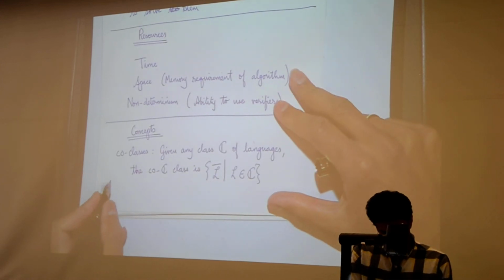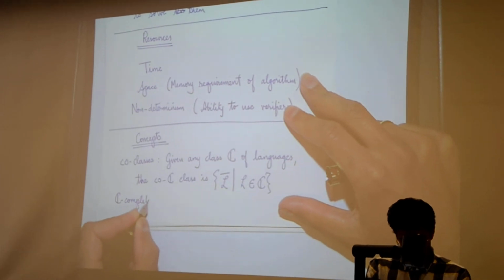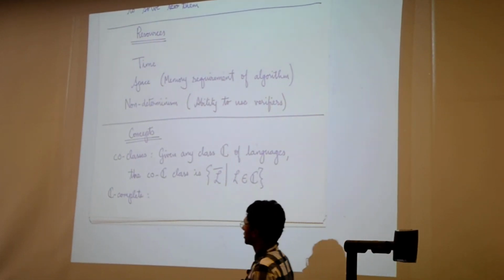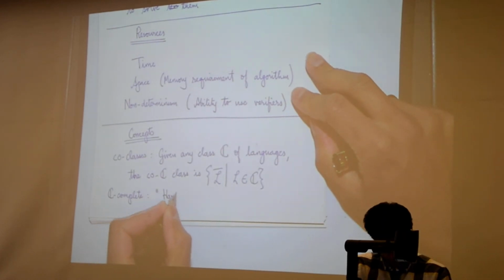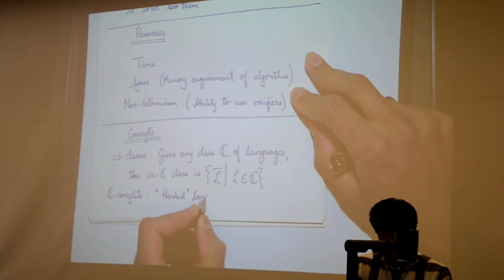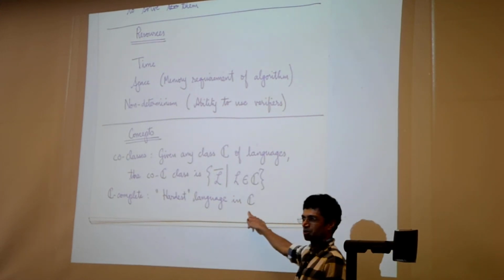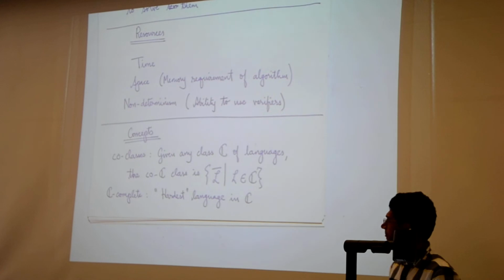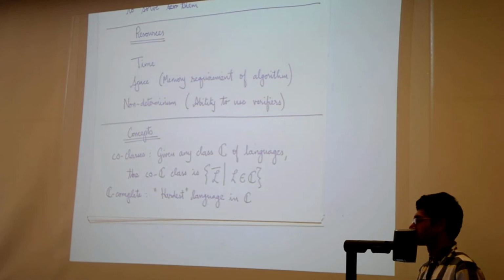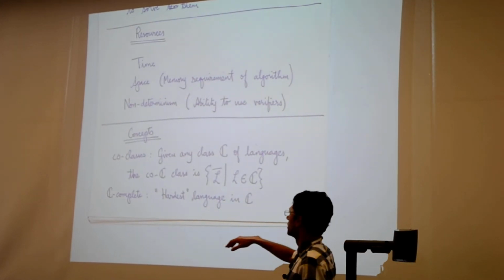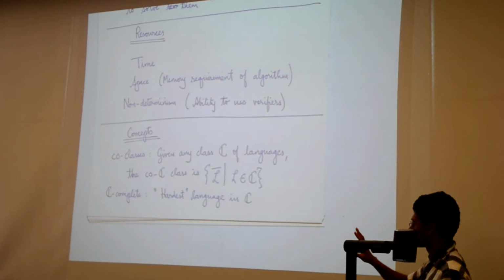And then we'll talk about C-complete. So the way to think about C-complete is like it's the hardest language in C. Now, I shouldn't have used C, this is used for complex numbers. But, yeah? C here means P or NP, or we'll talk about all kinds of other strange language classes. And so for P or NP, of course, for P-complete it becomes a little weird.